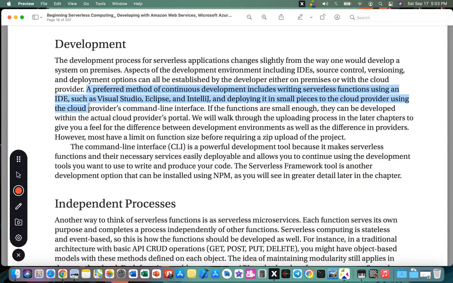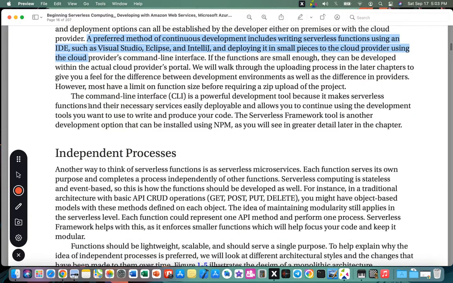A preferred method of continuous development includes writing serverless functions using IDEs such as Visual Studio, Eclipse, IntelliJ, and so on, all these are IDEs, right? And deploying it in small pieces to the cloud provider using the cloud provider's command line interface. So we have something called the command line interface.